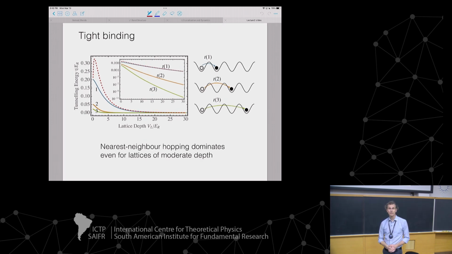Questions about this? Yeah? The dotted line is an approximate form. I wrote it down in the notes. I can write it here as well. It's an approximate form which comes from the property of these Wannier functions for deep lattices.